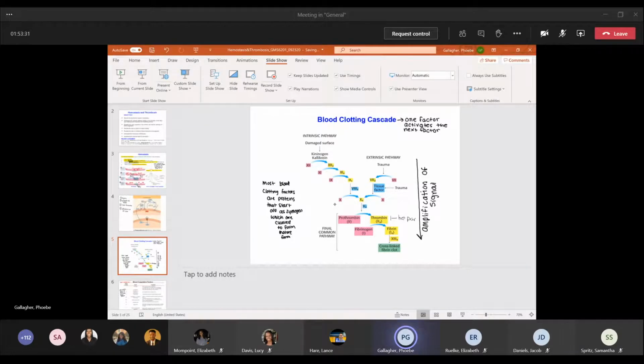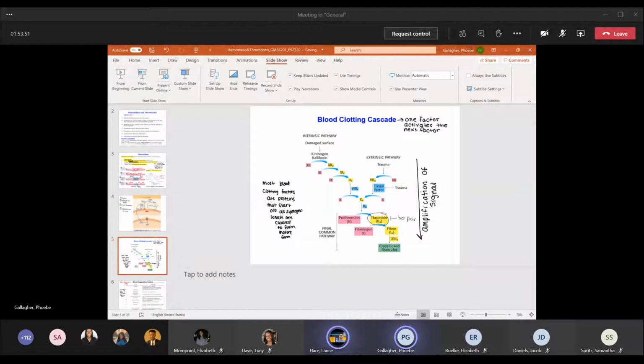Antithrombin is an inhibitor of thrombin. So if you stop the coagulation cascade at thrombin, then you can't get fibrinogen activated to fibrin. Then you wouldn't have the formation of fibrin, which is the whole point of the blood clotting cascade.